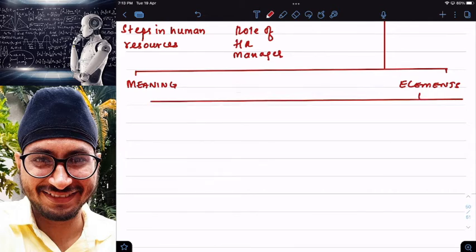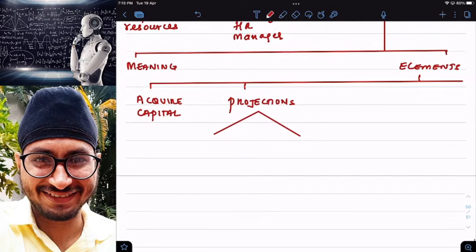Acquire capital. Then we have projections. In projections we have 2 parts: one is projected financial statements, and then we have projected budgets.